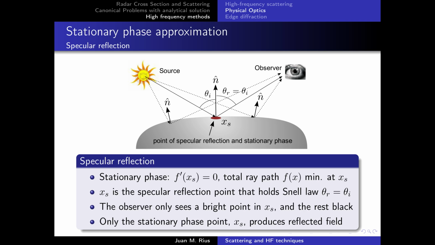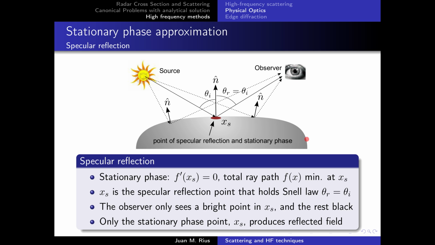So to show you an example for a general surface, in which I will show you that the stationary phase point is also the specular reflection point, something that I mentioned before, and now I will show it to you. This is the source of the field. This is the observer. This is the surface reflecting the field.